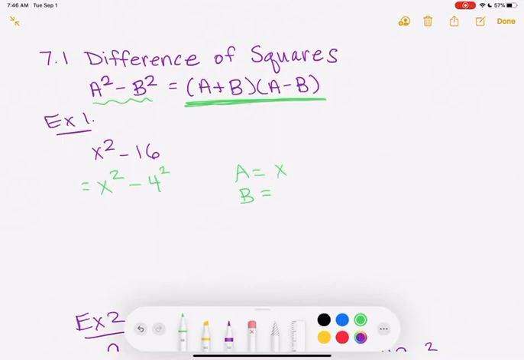And our b is the second thing, which in our case is 4, because it says b squared, so we have 4 squared, so b is 4. And now we just write it as the quantity a plus b times a minus b. So x squared minus 4 squared equals our quantity a, which we said was x for us, plus 4 times x minus 4. And that's it.